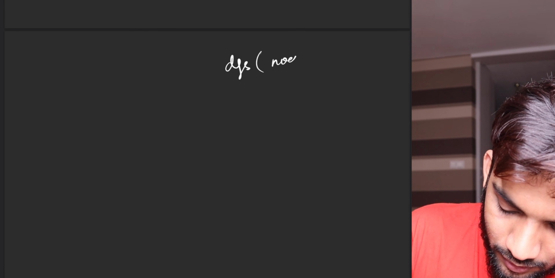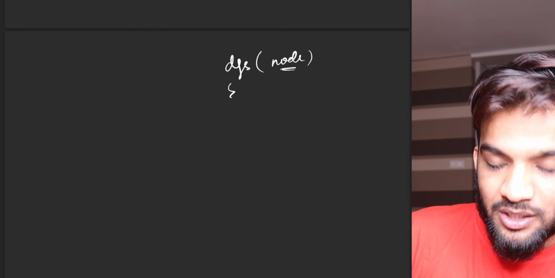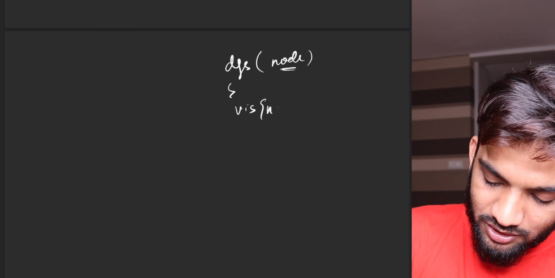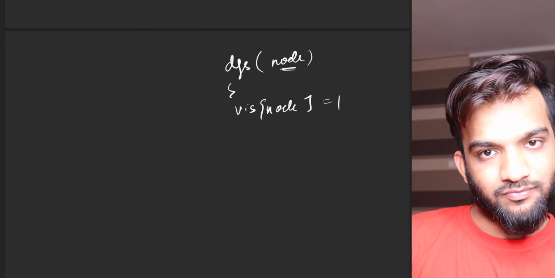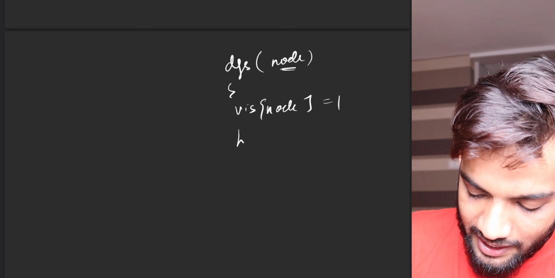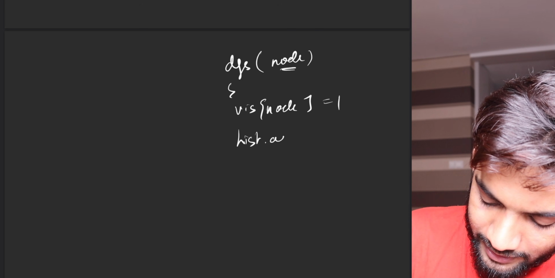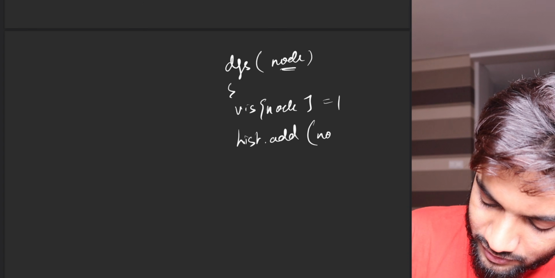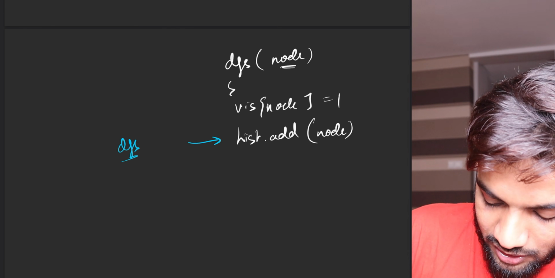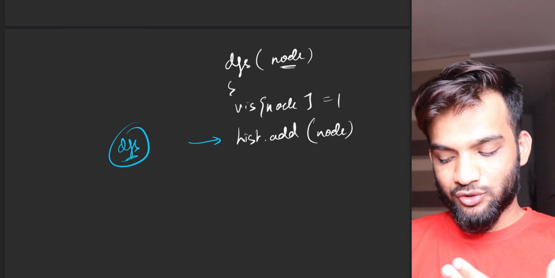DFS of node, the moment it gets into the function, it states, hey, this node is done and is a part of my DFS. You can just add it to a list and say this is a part of my DFS. This is the line where you do the DFS traversal because you're visiting a node, so stored.